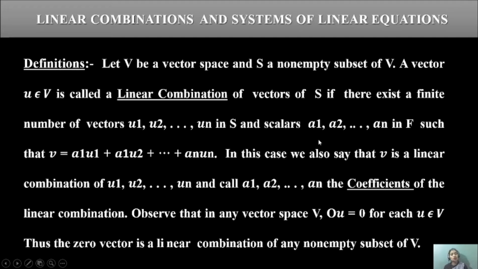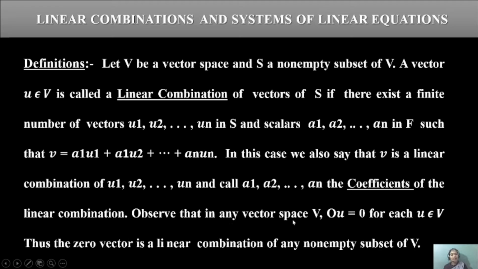In this case, we also say that v is a linear combination, represented with the scalars as coefficients.